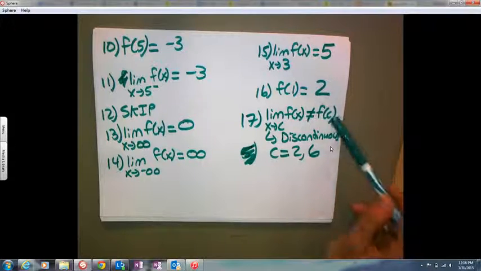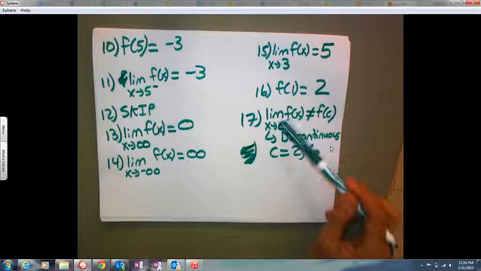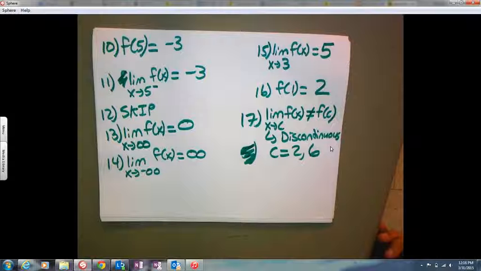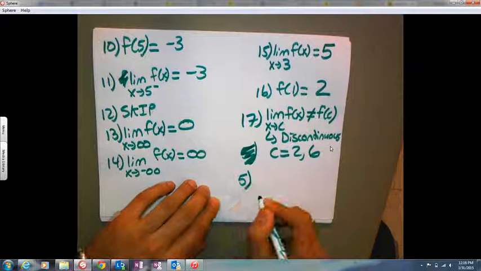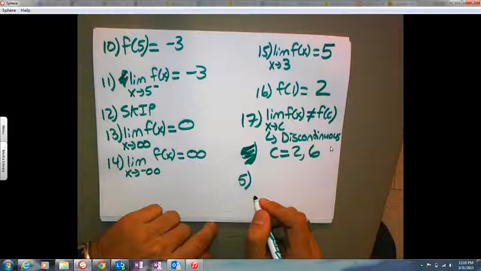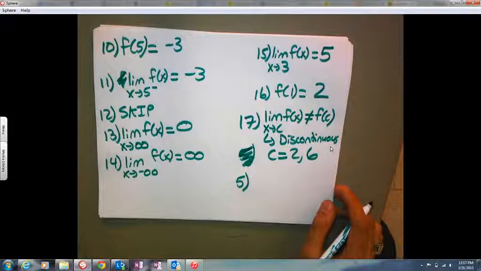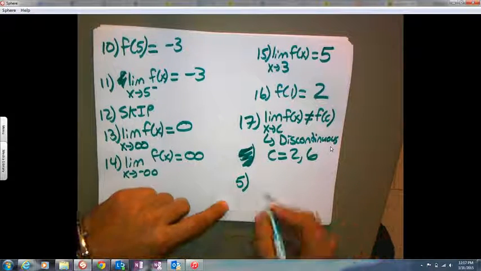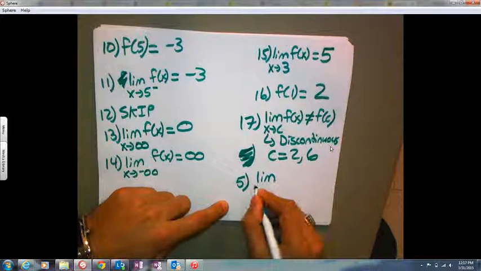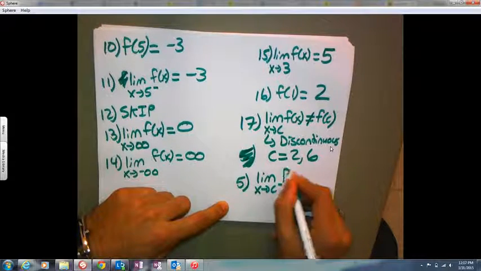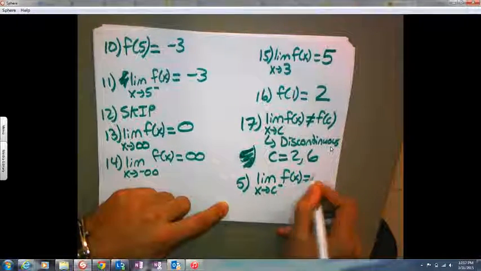And finally, number 5. On number 5, they're asking me the values where the limit as x approaches c from the left equals 1. And here are the values I'm getting.